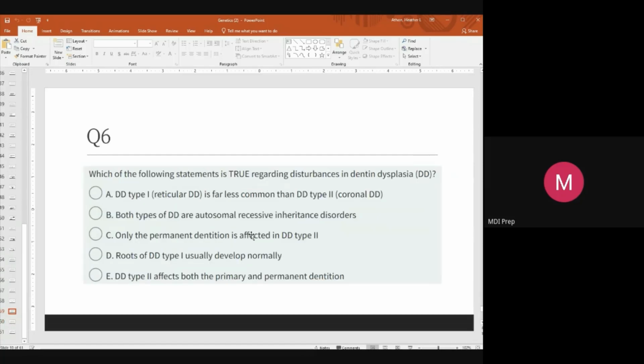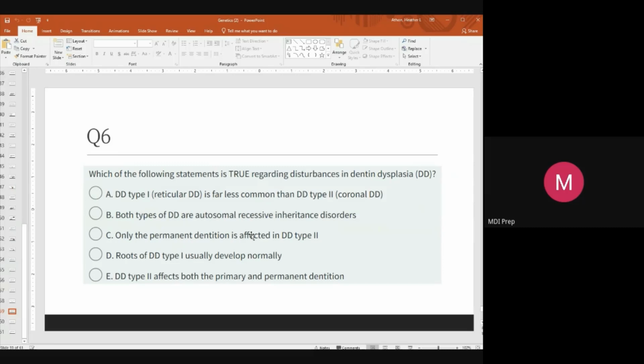So type 2, I drew like a crown of a molar over it. And then for 1, I drew like a root. So for type 1, it's actually more common than type 2. So try not to confuse dentin dysplasia with dentinogenesis imperfecta, where the incidence of types 1 and 2 are reversed.